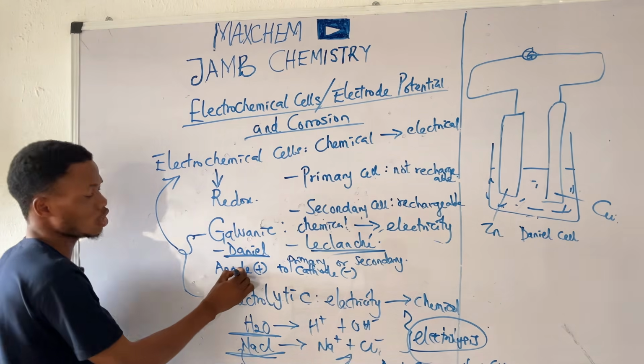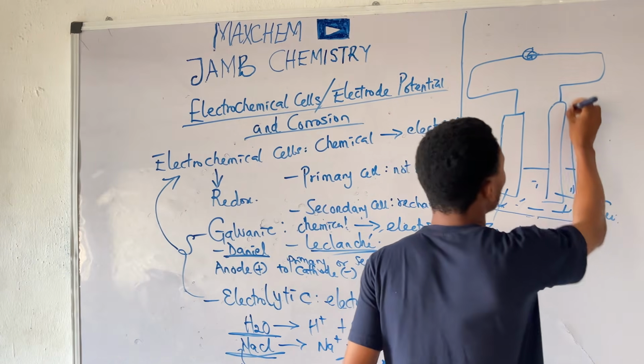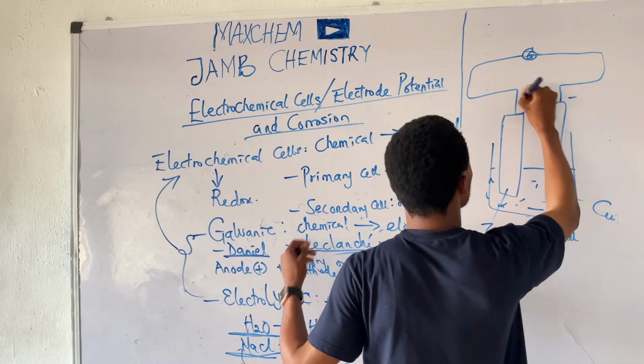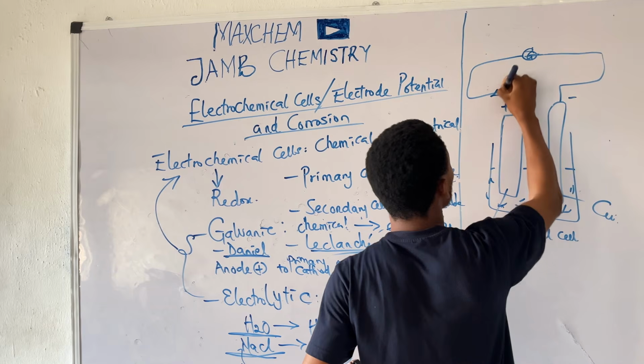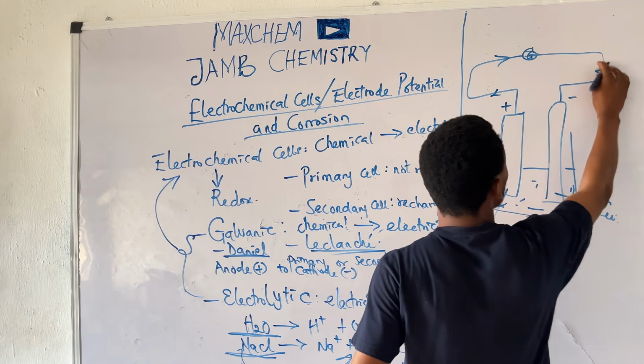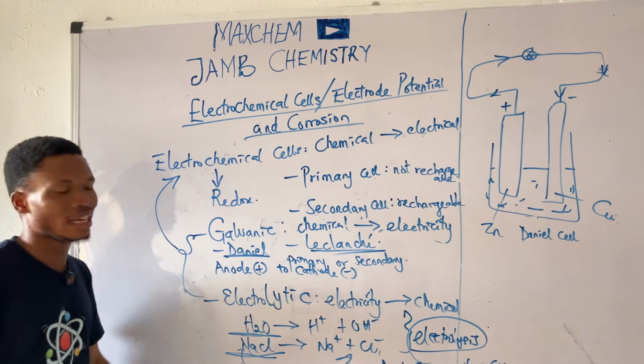So the electrons will move from the anode to the cathode. This is an example of a galvanic or voltaic cell.